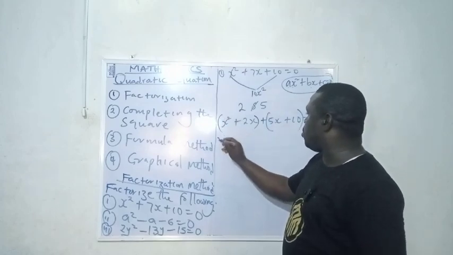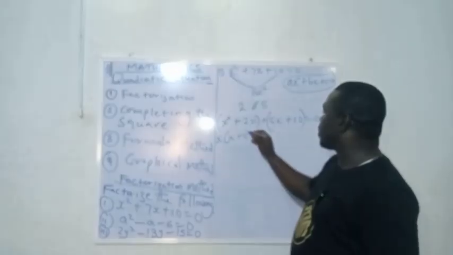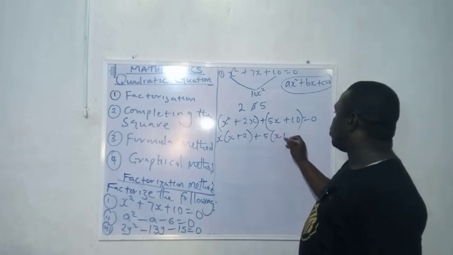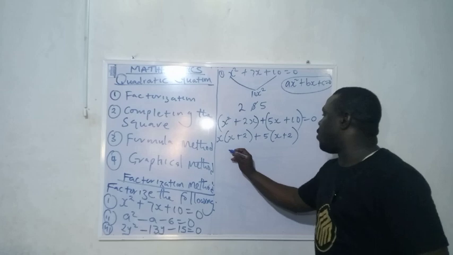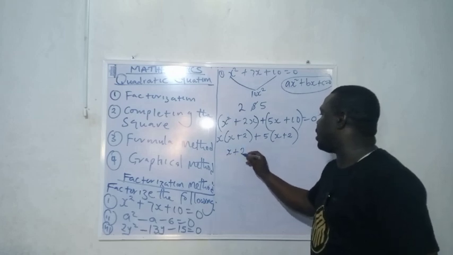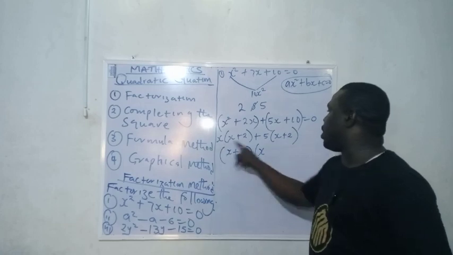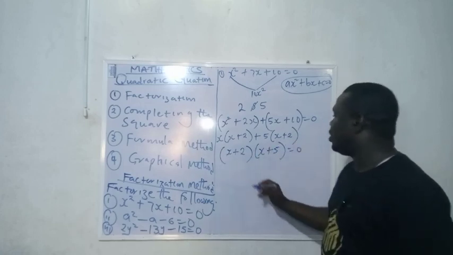Ask yourself what is common here. x is common, so we have this. What's common here? 5 is common, so you have this. And so our final answer here is x plus 2, and then we have x plus 5 equals 0.